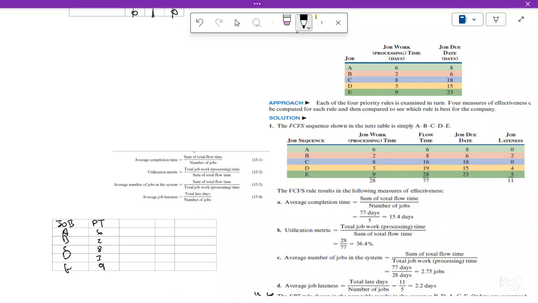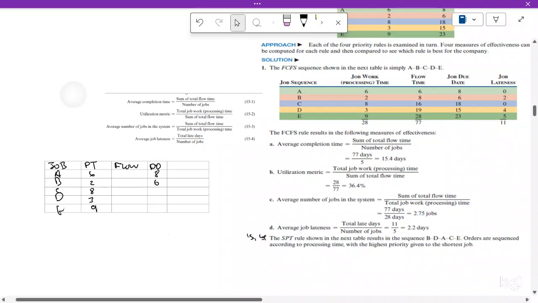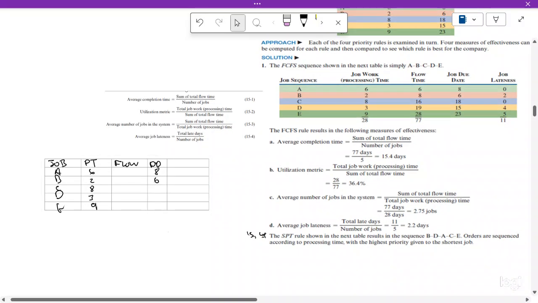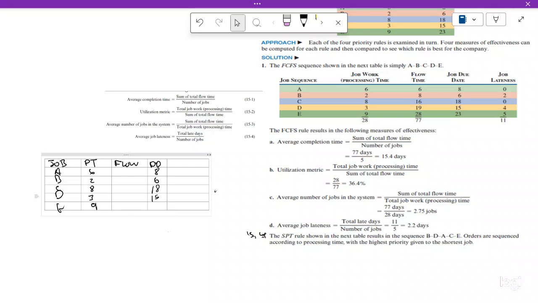And then due date, DD, which is 8, 6, 18, 15, and 23. Okay?